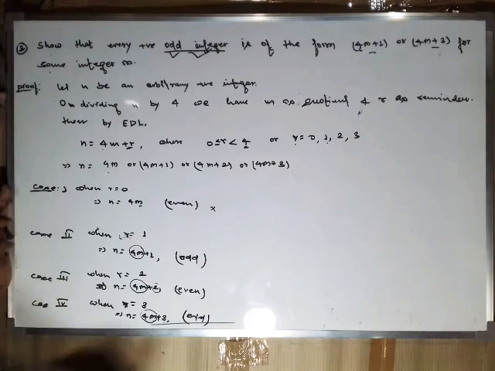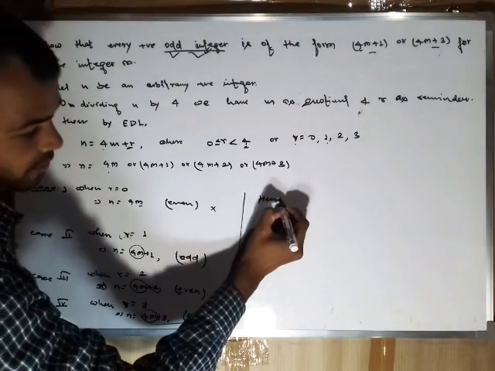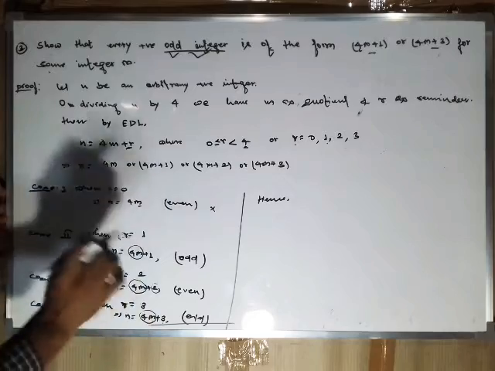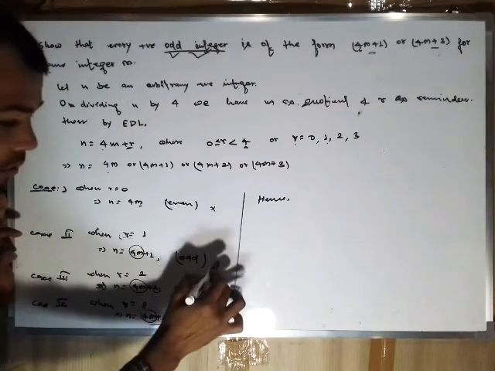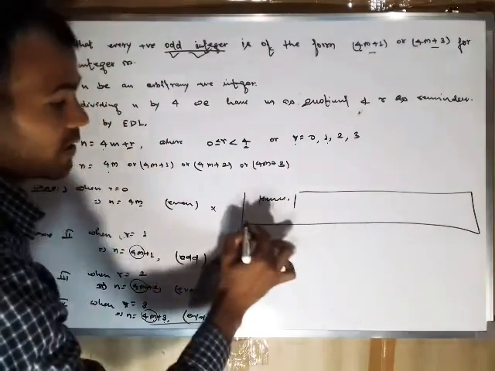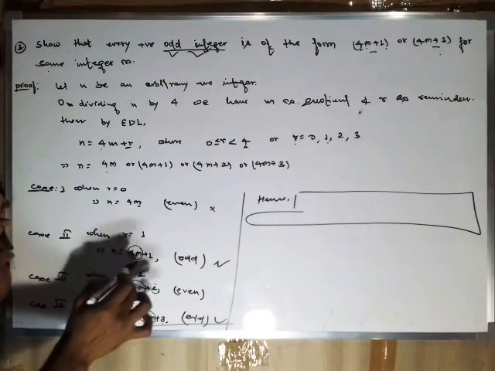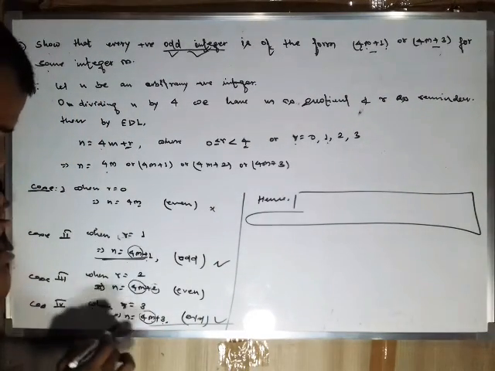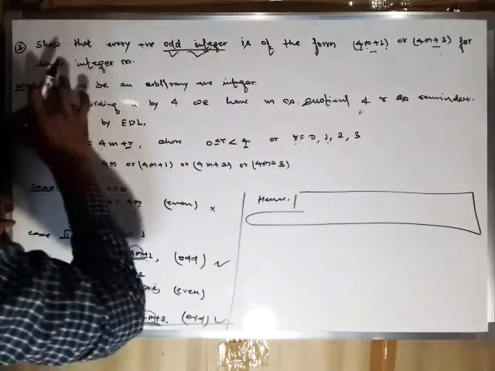Clear? Means we can say that hence every positive odd integer, only odd integer, every positive odd integer is of the form 4m plus 1 or 4m plus 3 for some integer m.